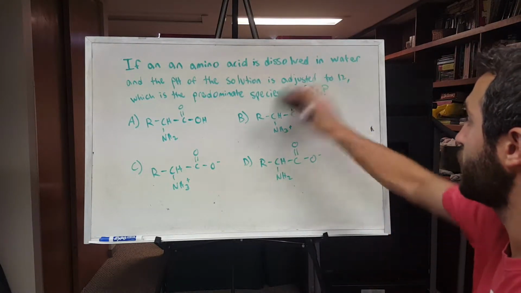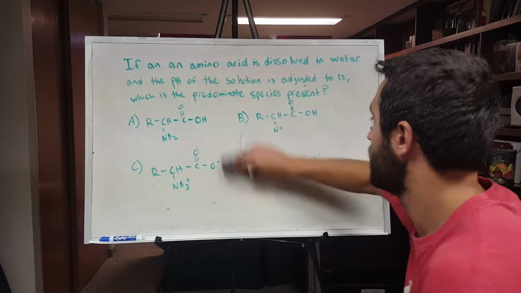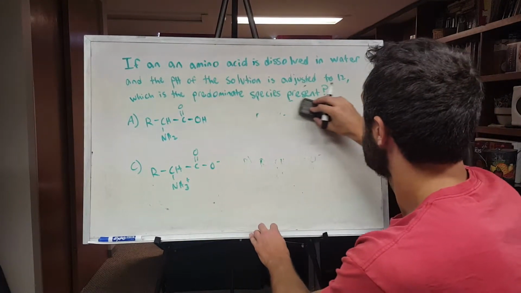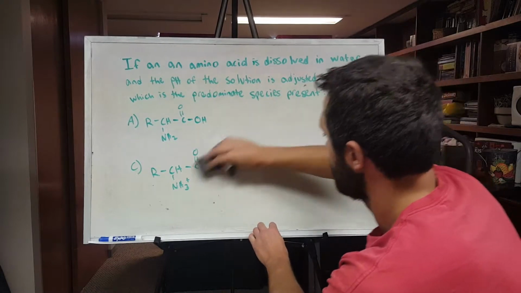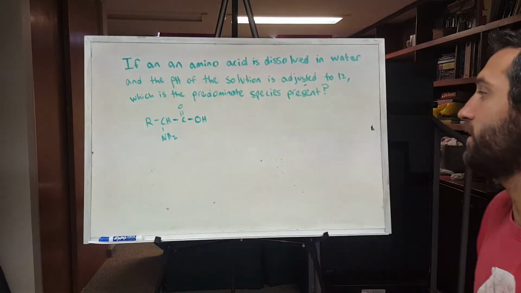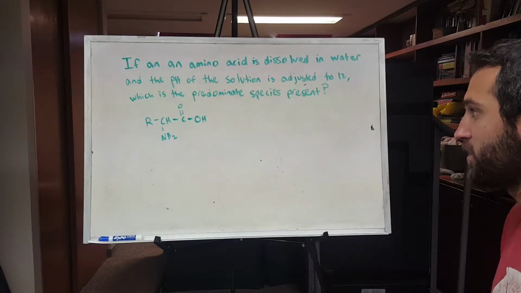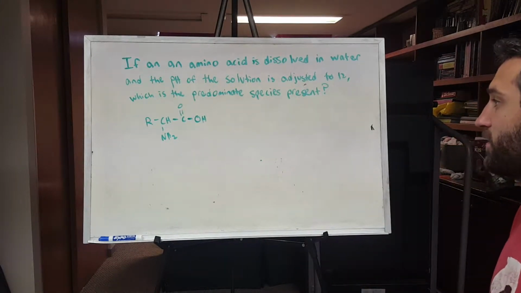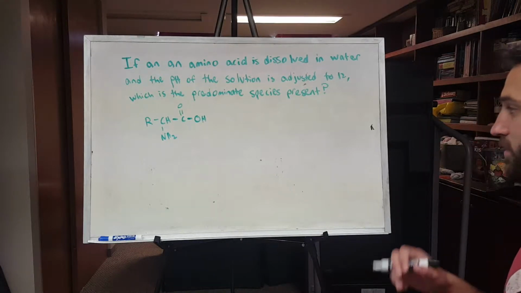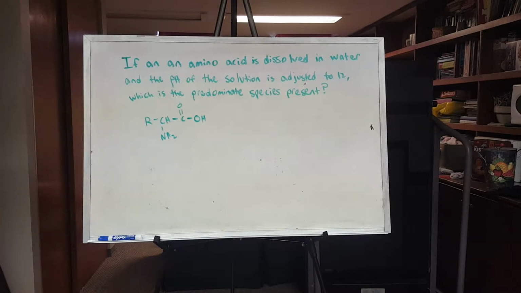So, I'm going to erase some of these answer options to clear up some space on the board here. So I can try to explain this. Okay, so here is the form of an amino acid without a charge. And what we want to think about is the concept of pH and pKa.